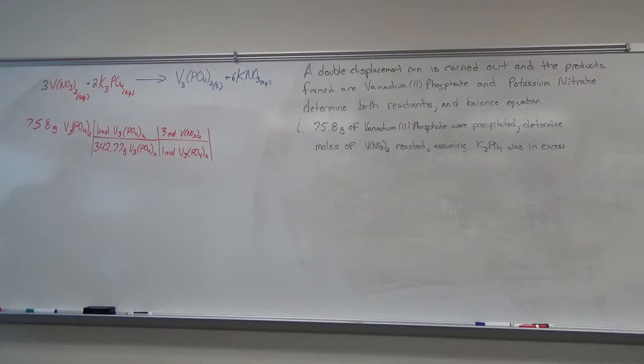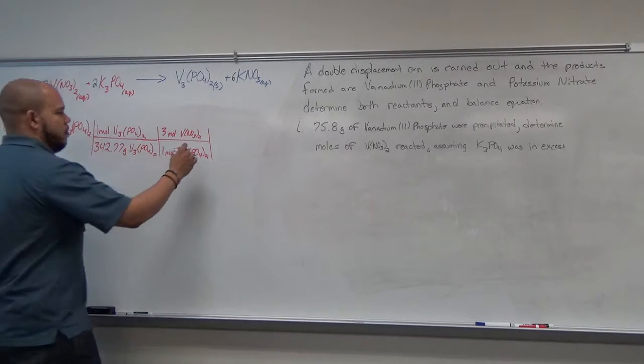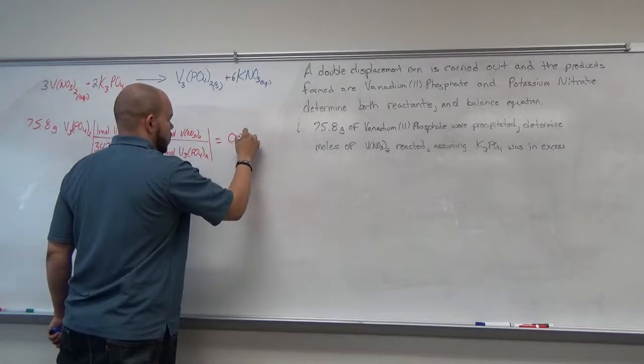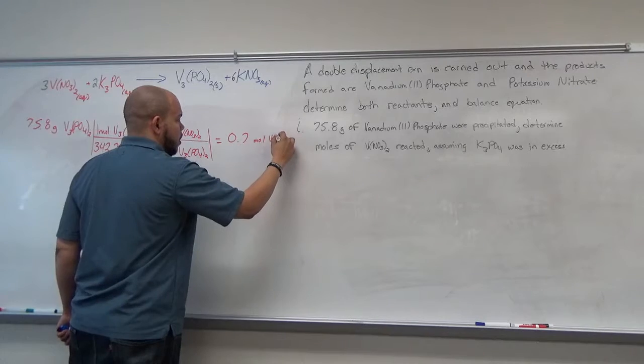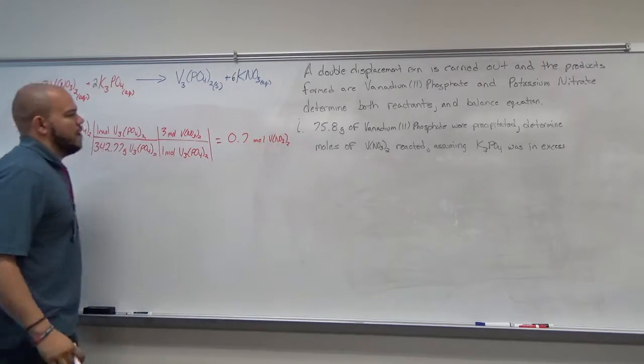And this number is roughly 0.7 moles of V(NO3)2.